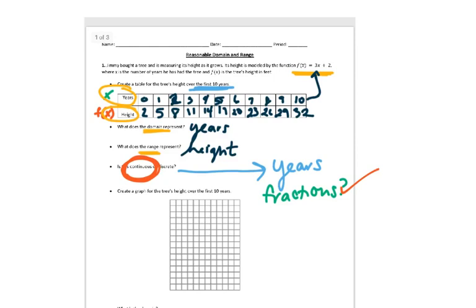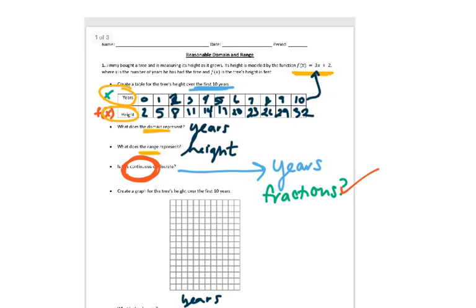It says create a graph for the first 10 years. Okay, so we'll graph it. The x's are good. We'll count by 1, 2, 3, 4, 5, 6, 7, 8, 9, 10. Yep. We have plenty of x values. So my x is the years. And then the y's get pretty big, so we need to figure out a number that we can count by to fit 32 on my y value.